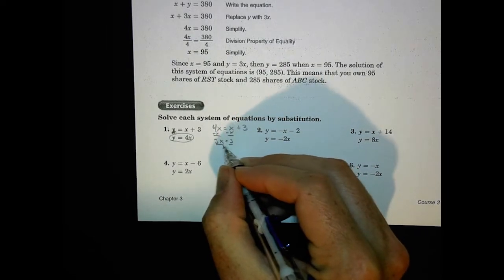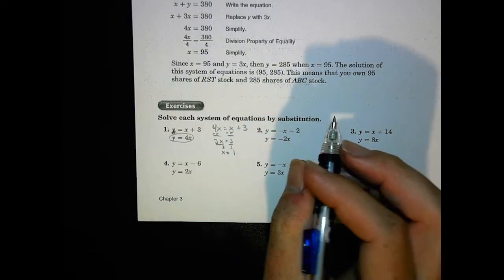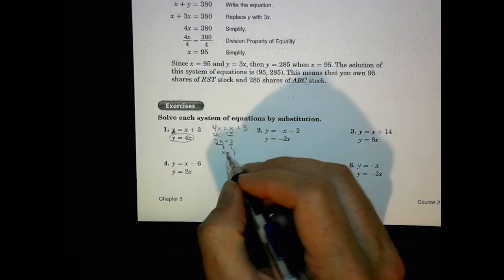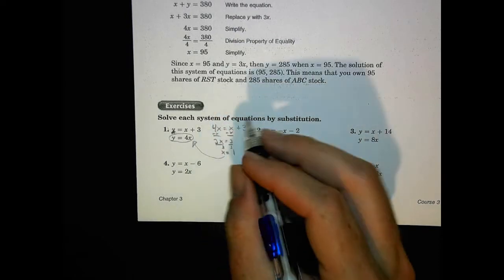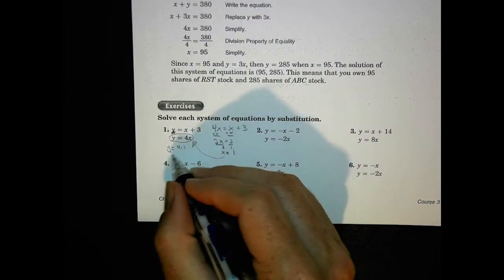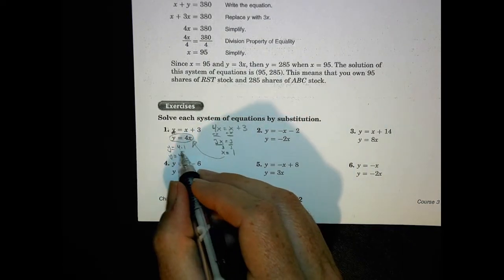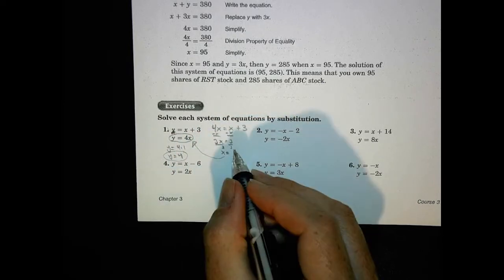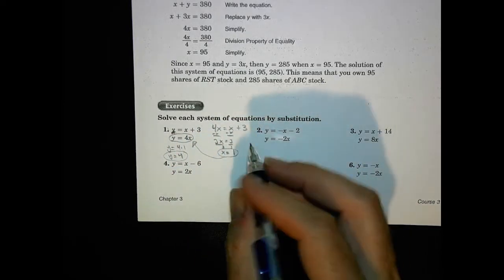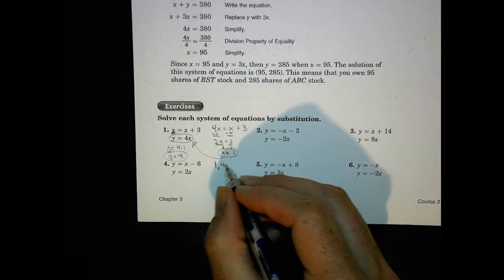Divide both sides by 3 so that x equals 1. Now that I know that x equals 1, I can plug that back into this equation and say that y equals 4 times 1, or y equals 4. So now I have two variables, y equals 4, x equals 1, and so my solution for this system of equations is 1, 4.